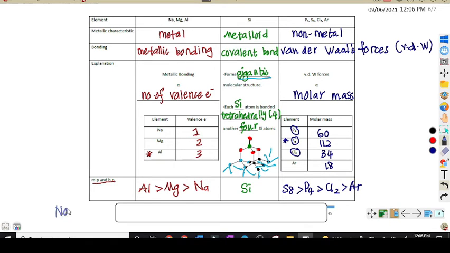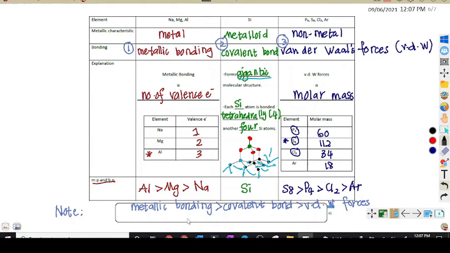The last thing you have to know for the metallic character is that you should be able to arrange all of these elements from sodium to argon in order of strength of attraction. The strongest bond is the metallic bonding, followed by covalent, and the weakest is van der Waals.